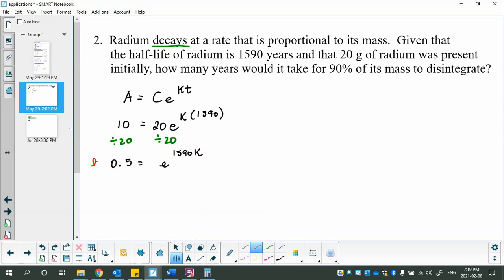I'm going to ln both sides. So ln 0.5 equals, ln and e's cancel each other out when there's nothing in between. So I get 1,590K, divide both sides by 1,590.